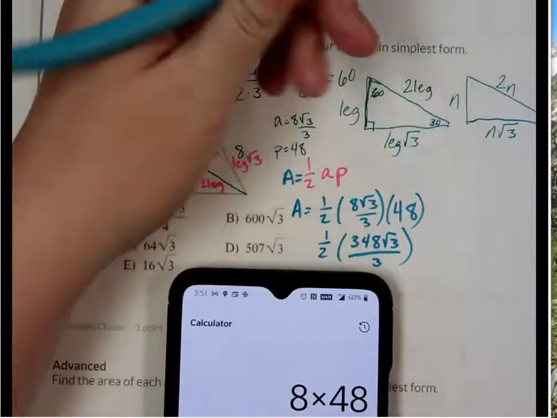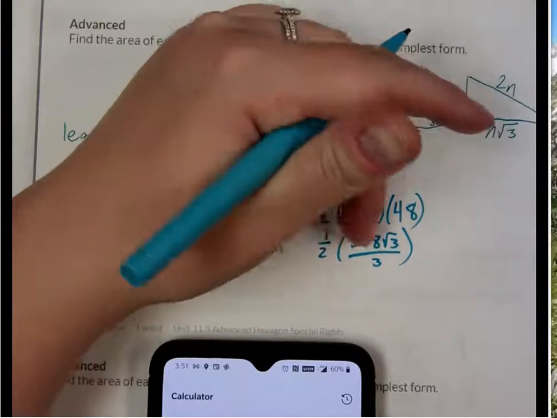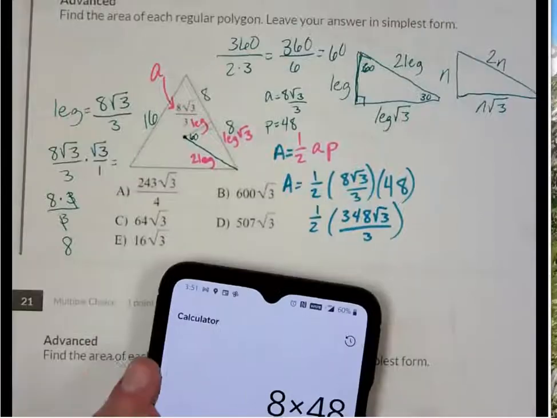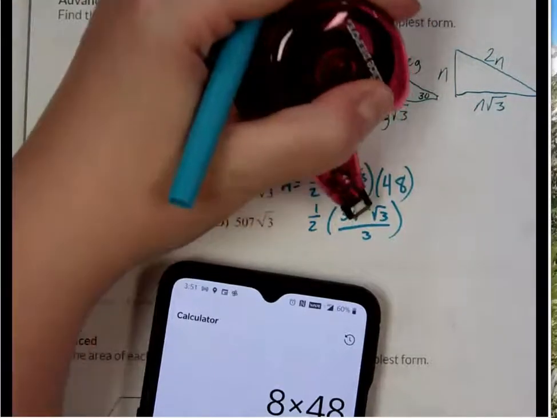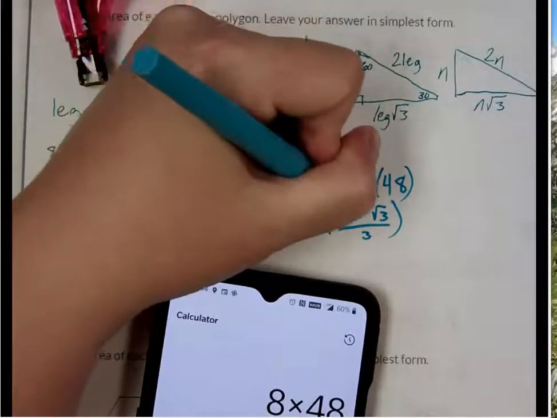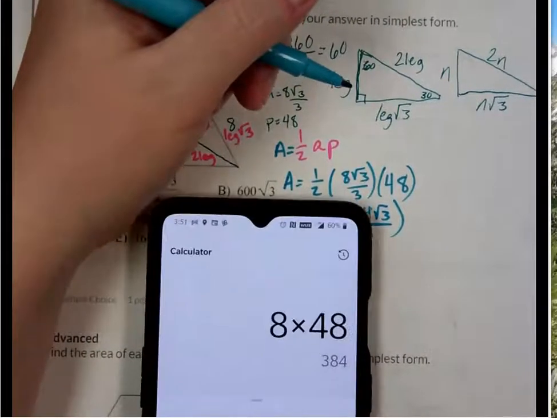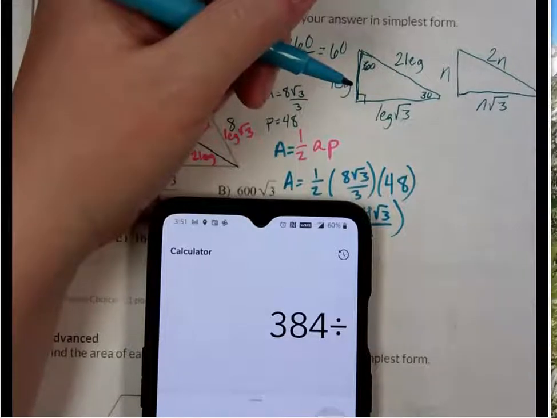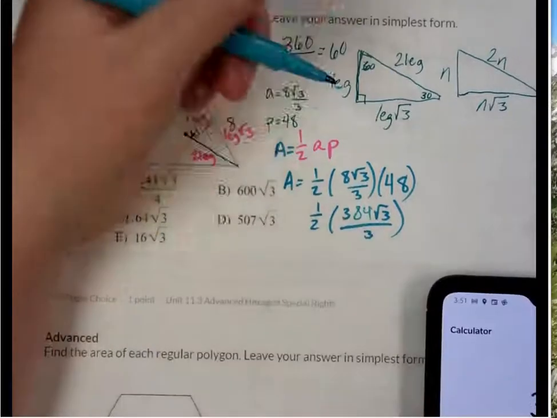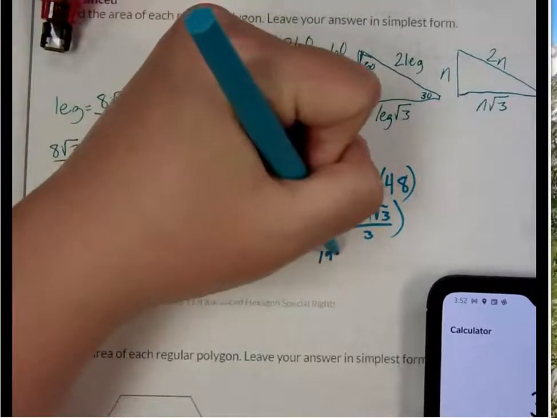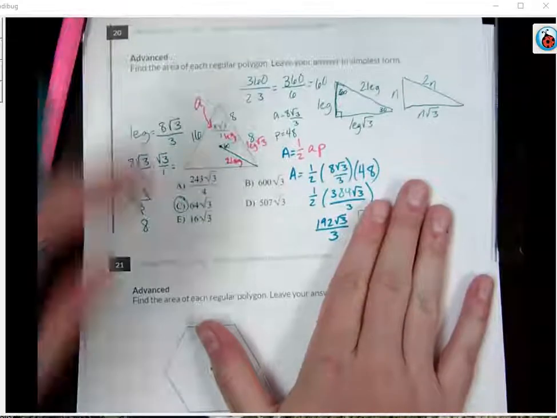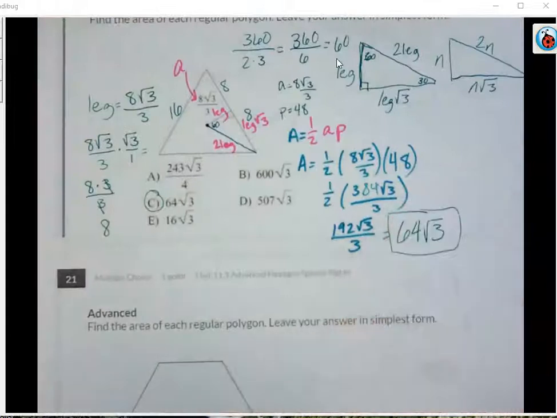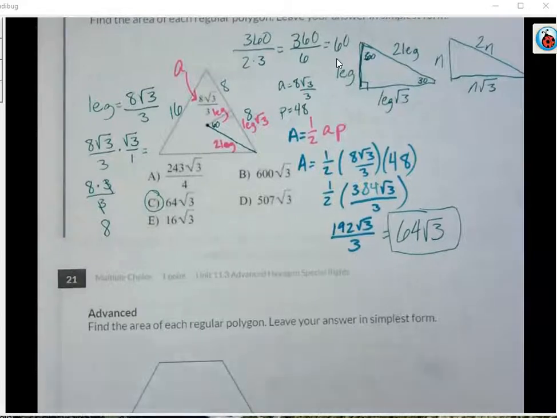These don't go anywhere. And then we want to cut this in half, so we'll take that 384 and divide it by 2, which is going to make 192 root 3 over 3. And then when you divide 192 by 3, you will end up with 64 root 3. So 64 root 3 is going to be your answer.